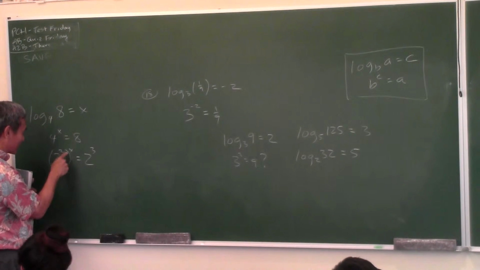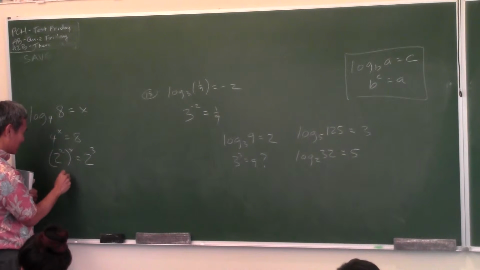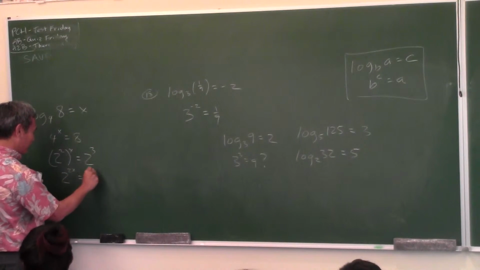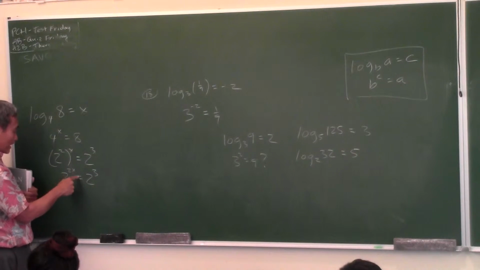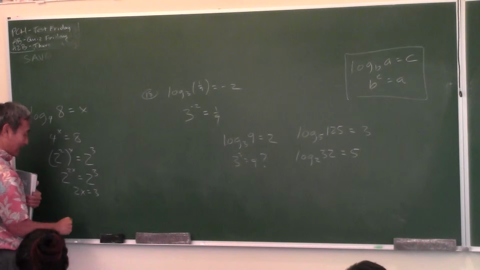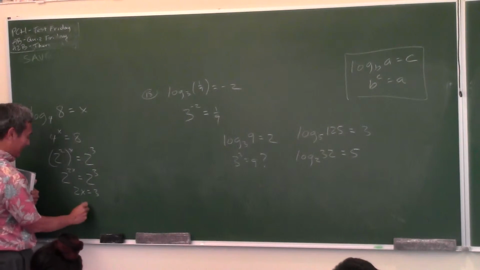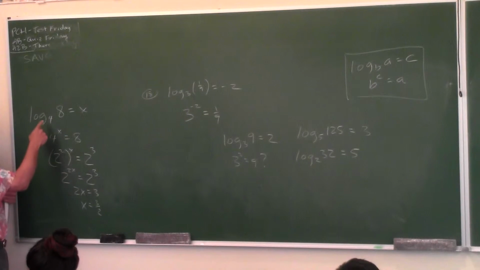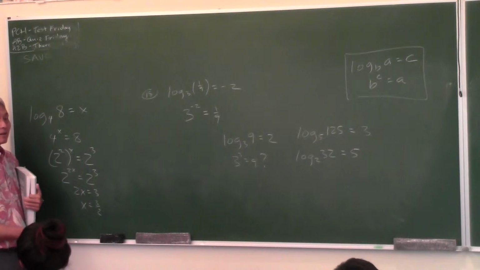What do I do with the exponents when it's outside the parentheses? You multiply them. And then if 2 to the gorilla equals 2 to the banana, gorilla gotta equal banana. And then finally, x equals what? 3 over 2. Oh, so 4 to the 3/2 power is equal to 8 then.